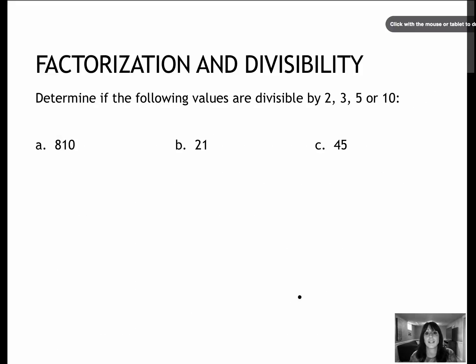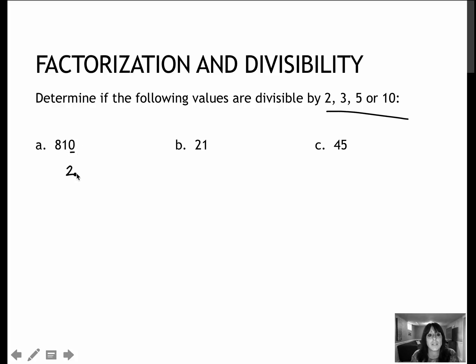For these examples, we're just going to state whether or not they're divisible by any of these numbers. For 810, 2 would go into 810 because 0 is considered even, or 810 is an even number, and so therefore it is divisible by 2. What about by 3?